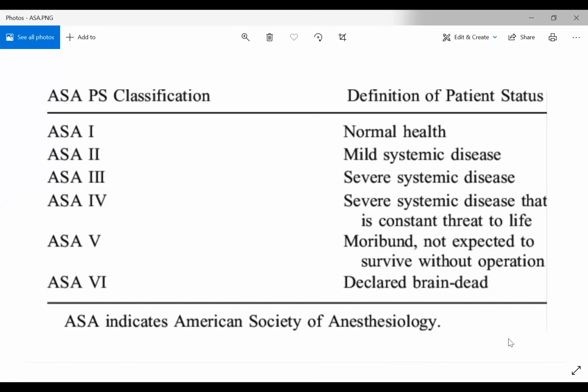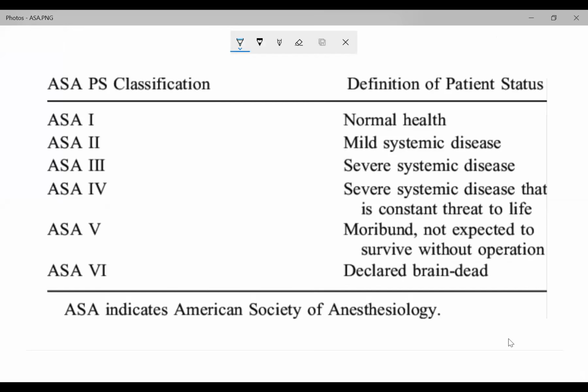Okay. ASA, and this is the definition of the patient status. ASA 1 is a normal, healthy patient. ASA 2, mild systemic disease, like a controlled hypertension. If you use hypertension as an example here, the patient has a controlled hypertension.